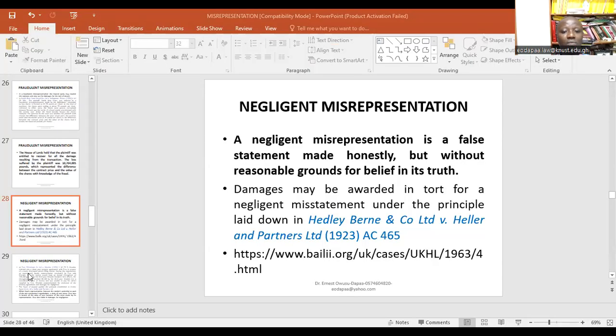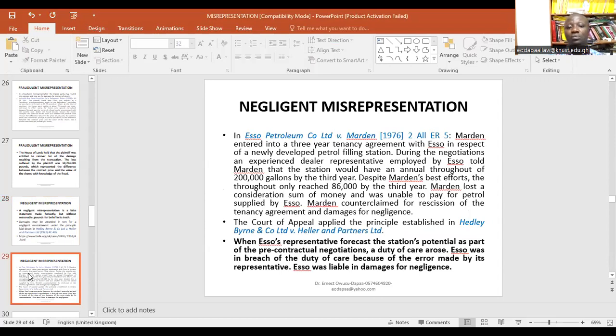Let me show that slide again. Yeah, so we've also mentioned the case of SL Petroleum Limited against Marden. Another illustration of the principle in Hedley Byrne against Heller and Partners.